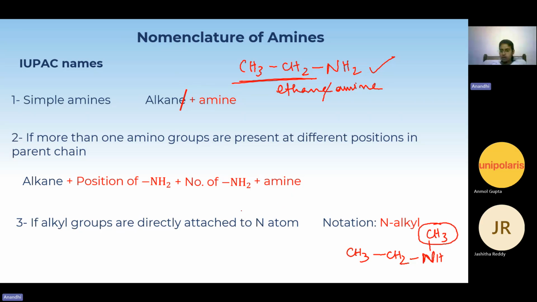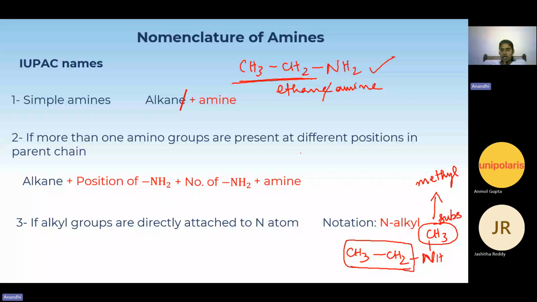So I have to take one alkyl group as my parent chain and the other one as the substituent. This substituent is attached to nitrogen, so I have to use the term N-alkyl. A one-carbon alkyl group is called a methyl group, so I should name this as N-methyl. Understood?